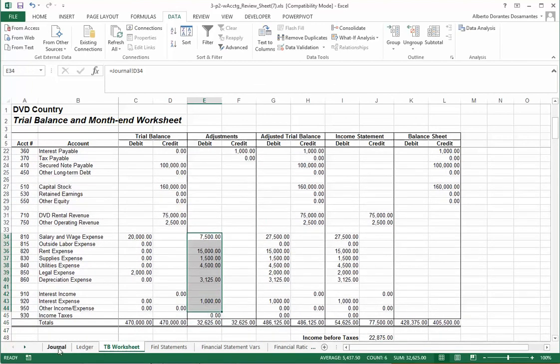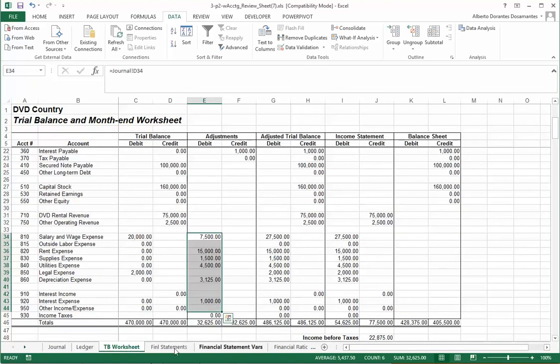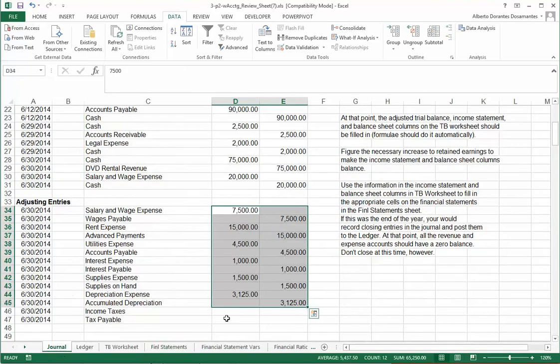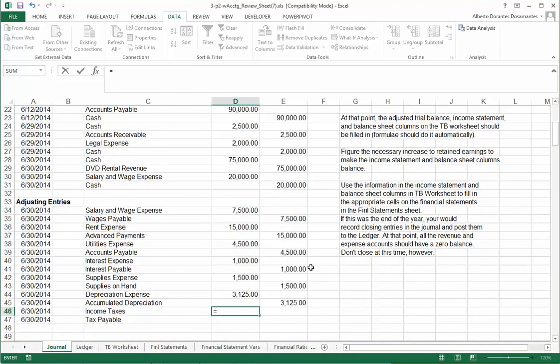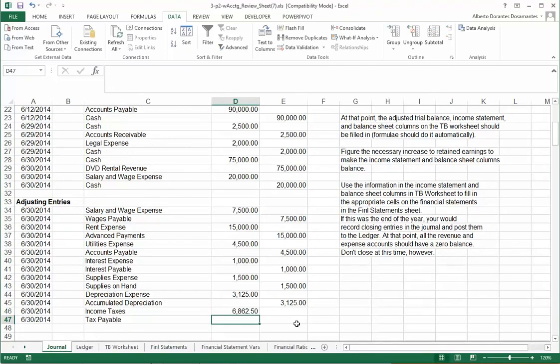That is exactly what you have here, okay. And once you do so, then in the financial statement the income tax is calculated for you automatically. Then from here you can just type equal to, then you go to financial statement, select the income taxes, and then you type equal to this.